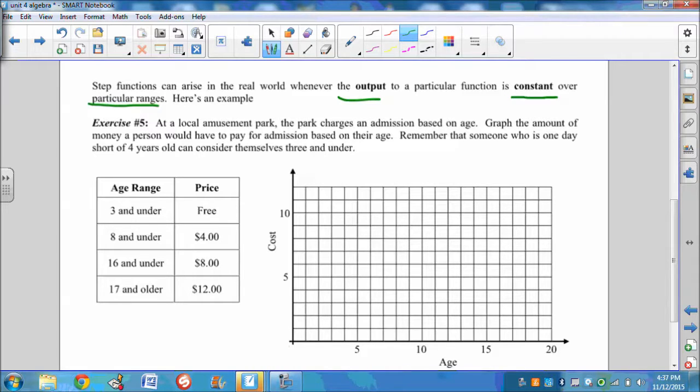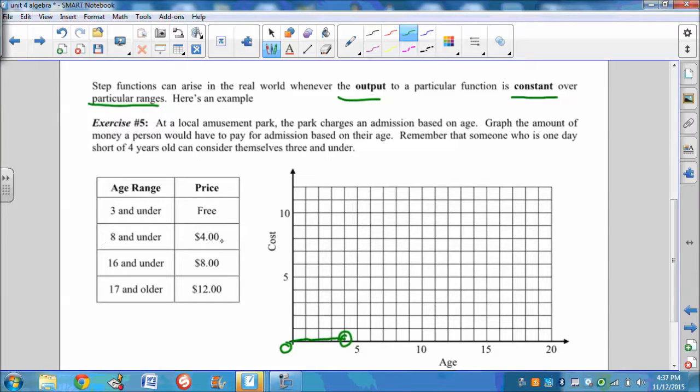So if we think it's zero right at this corner, at 1 you're free, at 2 you're free, at 3 you're free, at 3.5 you're free, at 3 3/4 you're free, all the way up to, but not including, the day you turn 4. Okay? So it's all of that filled in.